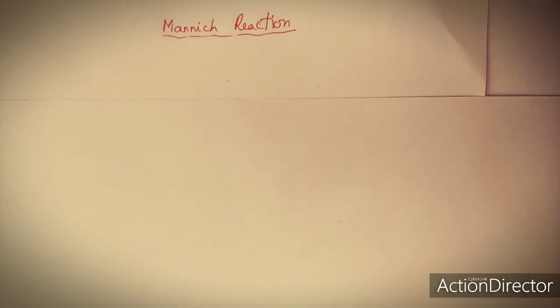Now let's consider some points before discussing any further. The three things to be noted: first of all, a primary or secondary amine or ammonia is used. Secondly, formaldehyde is activated with the amine to form the iminium ion.